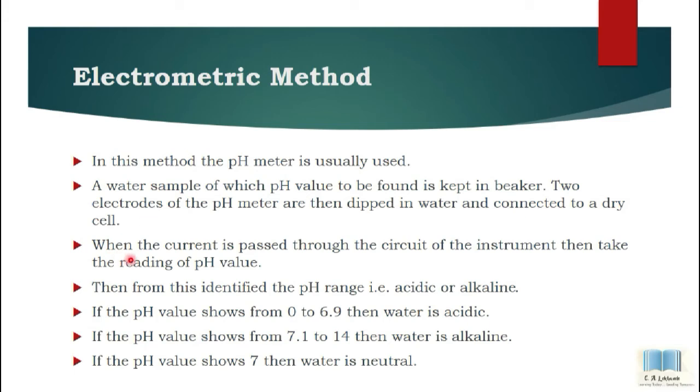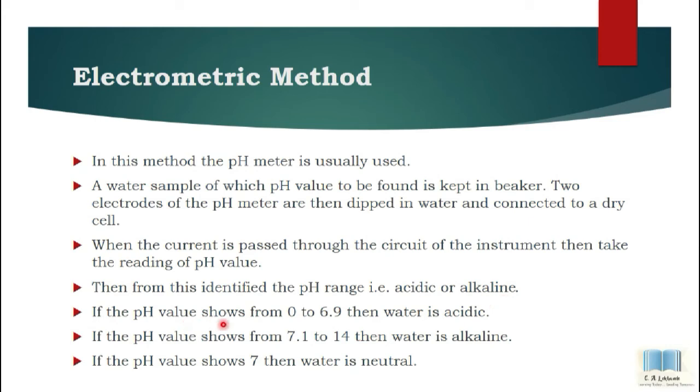When the current is passed through the circuit of the instrument, take the reading of the pH value. From this, identify the pH range, that is, acidic or alkaline.